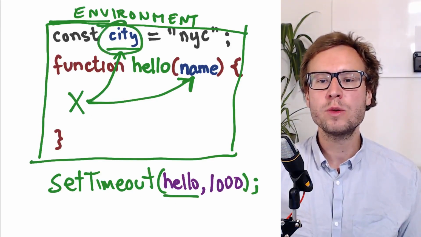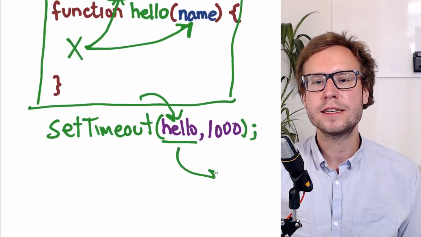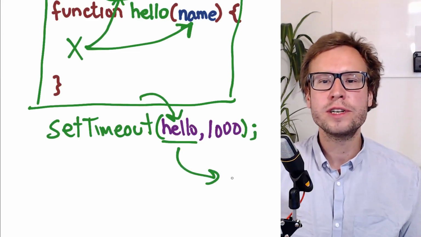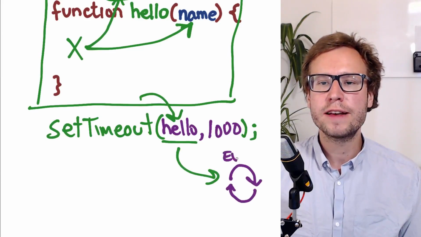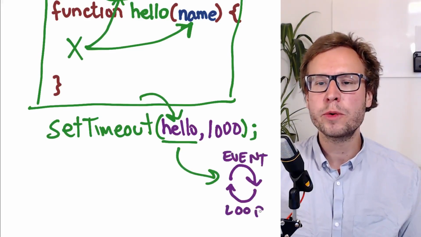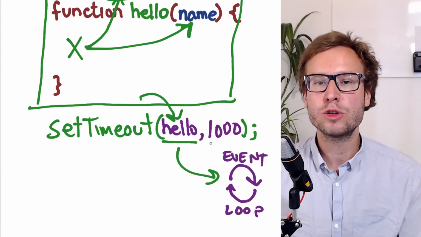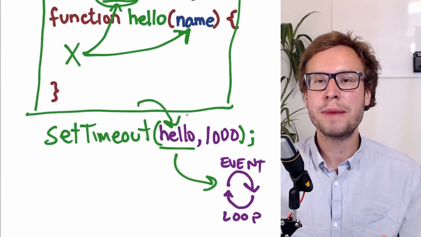So even when we pass it in here, after it's passed into setTimeout, it goes somewhere deep in the event loop. This is how I like to draw the event loop. So it goes somewhere, we don't really see where it ends up. But eventually it gets called by the event loop after a delay happens. And that's the magic of the closure.